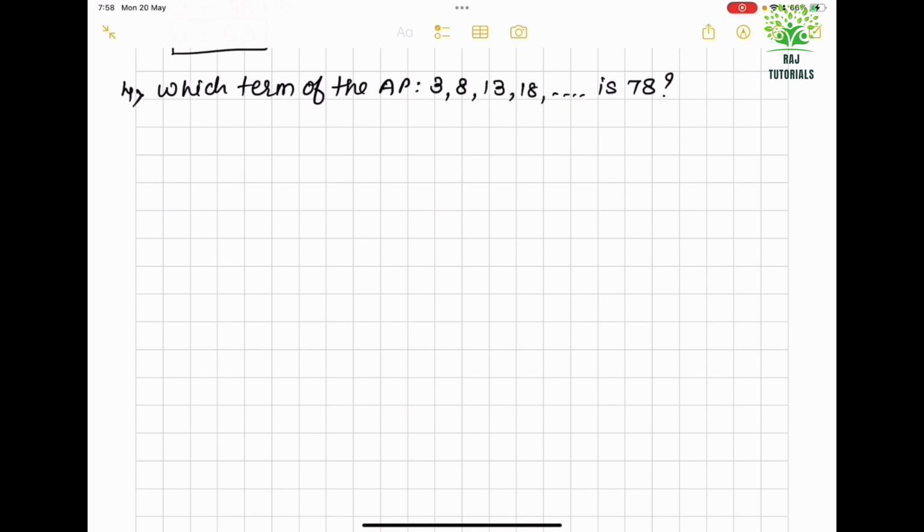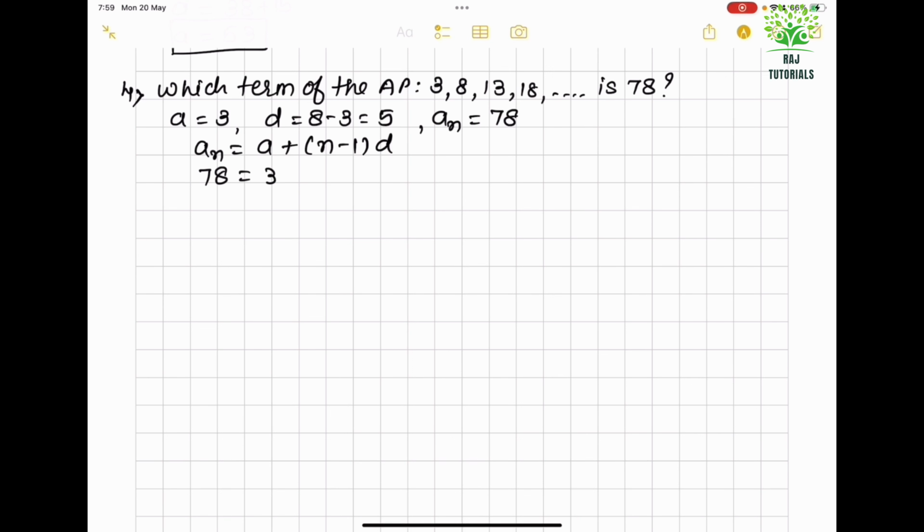Now, fourth question is which term of the AP 3, 8, 13, 18 is 78? So, can I say A equal to 3? D will be 8 minus 3, that is 5, and AN equal to 78. So, AN equal to A plus N minus 1 D. I have to find the value of N. So 78 equal to 3 plus 5 into N minus 1.